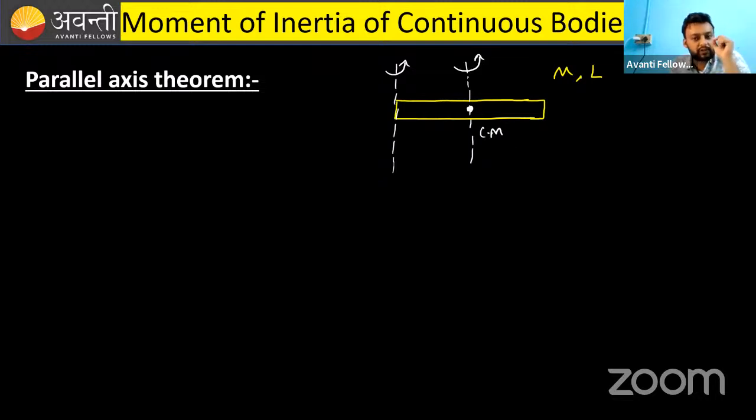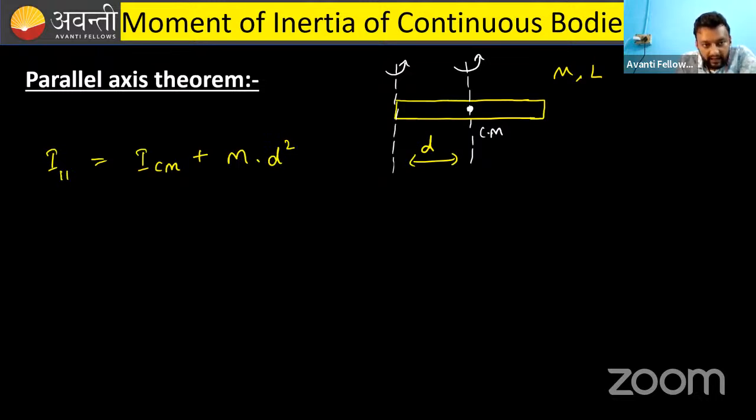but any axis which is parallel to the center of mass axis, then this theorem states that the moment of inertia about any axis is equal to the moment of inertia about the center of mass plus the mass of the body, let's suppose this distance is d, into d square.